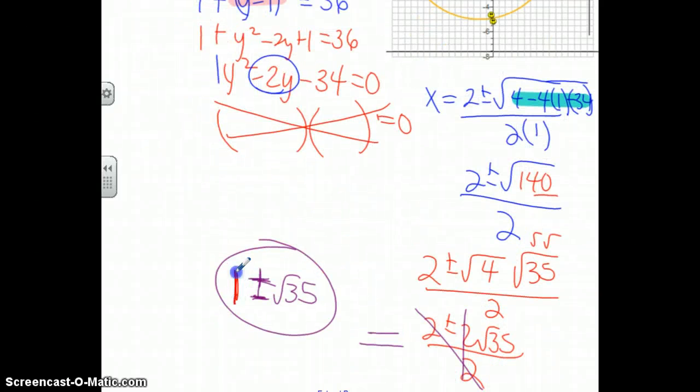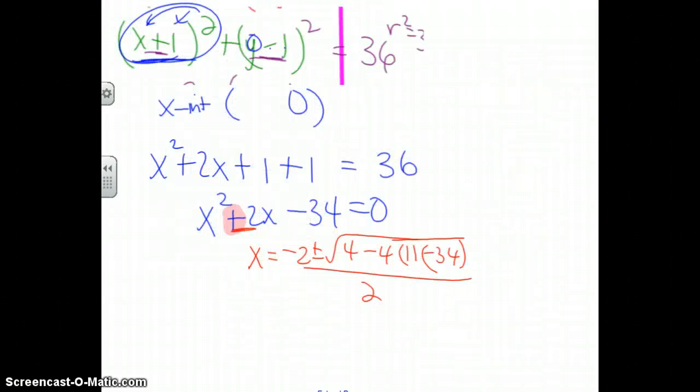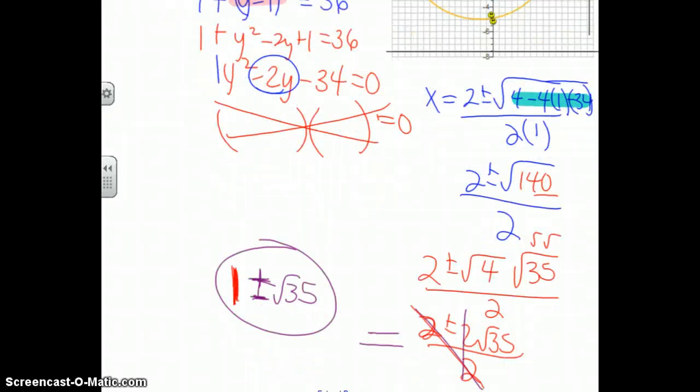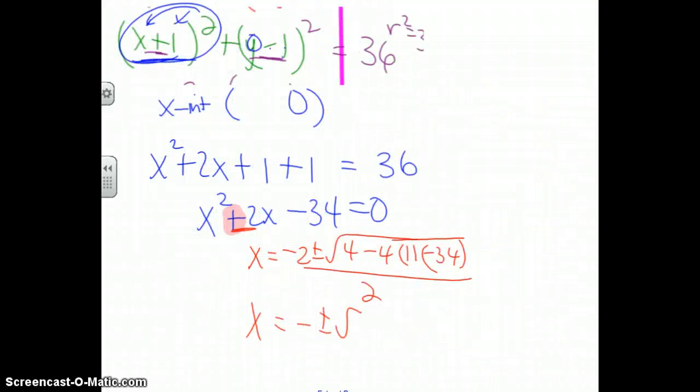That positive 2 reduced. So instead of a positive 1, it looks like I'm going to have a negative 1, plus or minus the square root of, and it looks like it's just going to be the same thing, 35. And I'll call that my x-intercepts. I hope that was helpful.